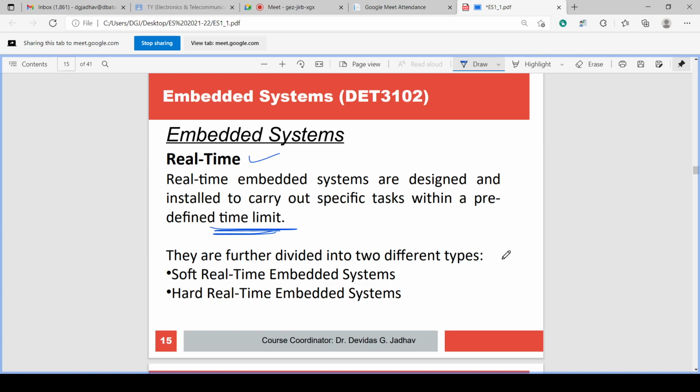The mobile system is an actual real-time system. Only a very small time lag is there in the mobile system, so small that we could not even identify it. But these are called real-time systems: mobile communication, voice over is called a real-time system. Television channel programs we also assume to be real-time.